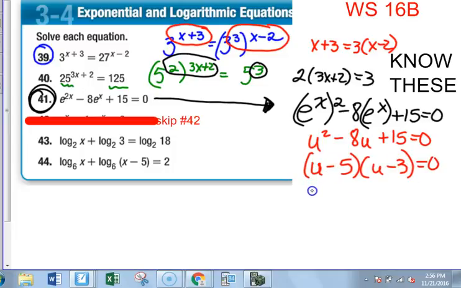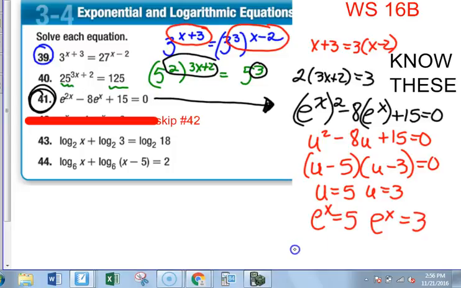But what is u again? E to the x. So if we solve this, we're still not done. We have to do e to the x equals 5 and e to the x equals 3. And how do we solve that? Okay, so we're going to have ln of e, we're going to bring the x up in front, equals natural log of 5.